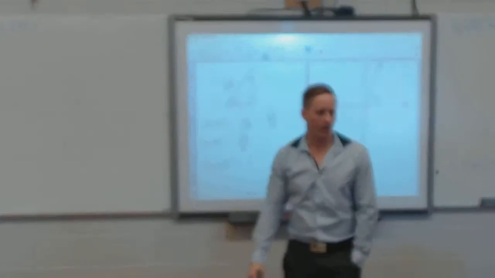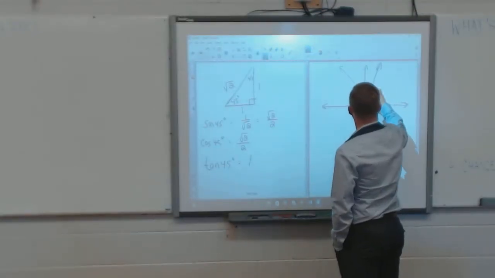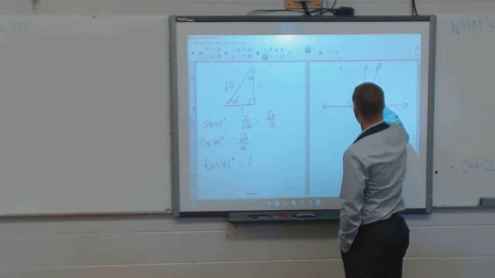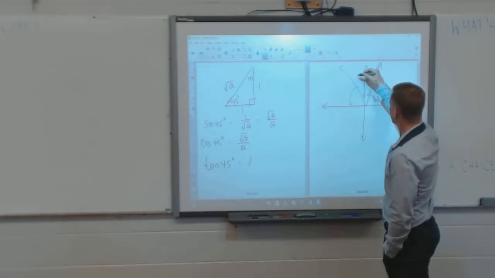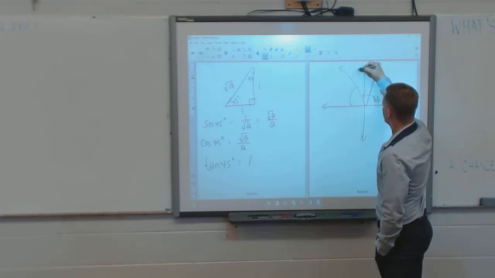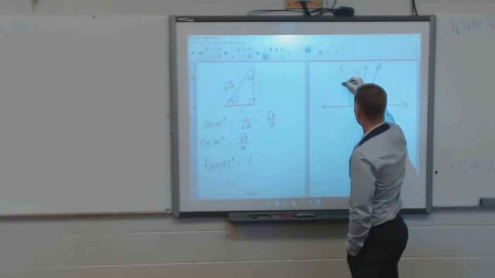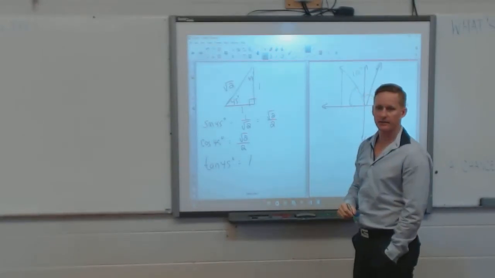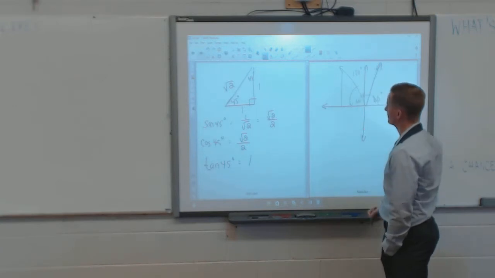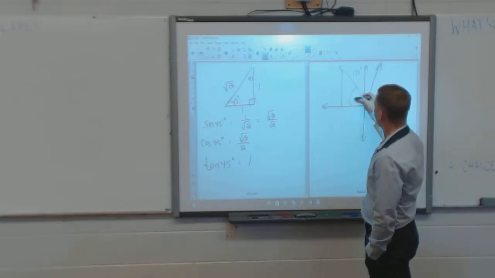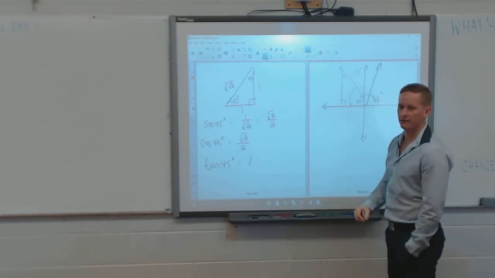Next one, 120 degrees. Second quadrant, up there. What's this angle? That's the one I like to refer to. If this is 120, what is that angle? 60 degrees. Right. Now that's important to us because if I draw it down like this, and if this angle here is 60 degrees, that means that this is 30 degrees up here because this is 90.